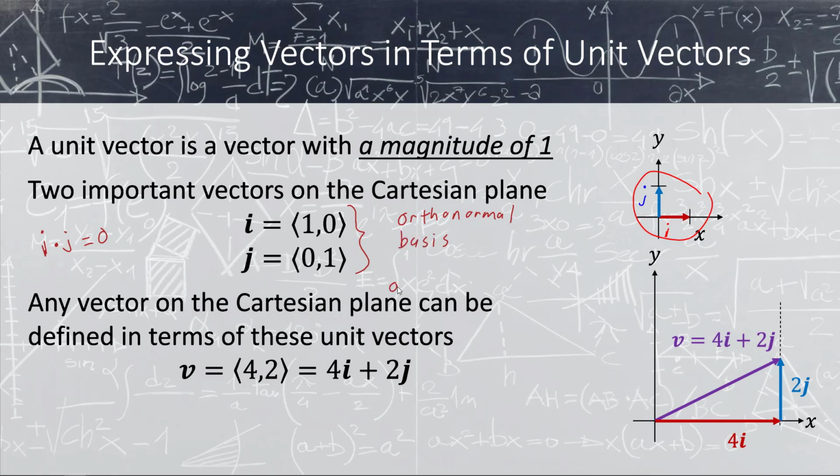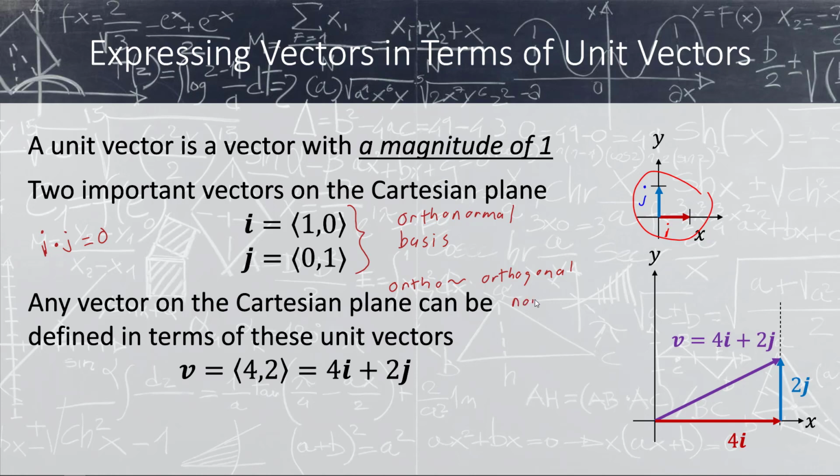Well, the ortho part in orthonormal means that these vectors are orthogonal. So ortho implies orthogonal, which is a nice word. We're just saying that they form right angles to each other, and that their dot product, which we'll discuss in just a second, is equal to 0.